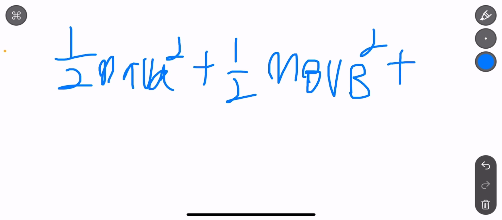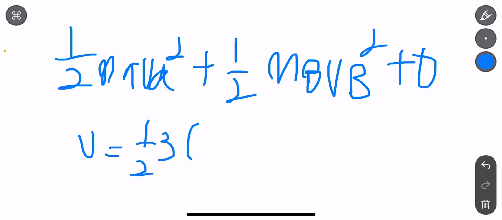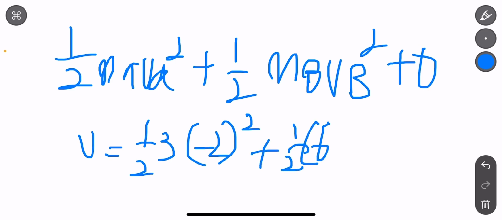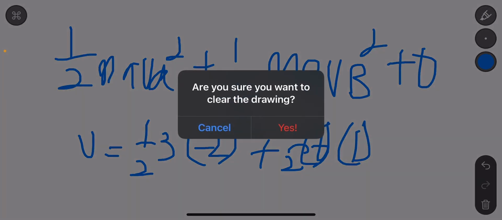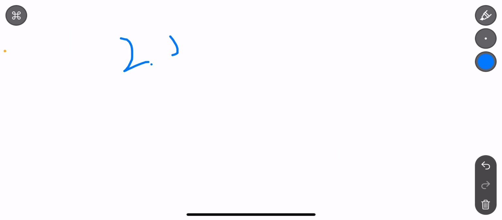If we plug these in, we get U is equal to 1/2 times 3 times negative 2 squared, plus 1/2 times 6 times 1 squared.